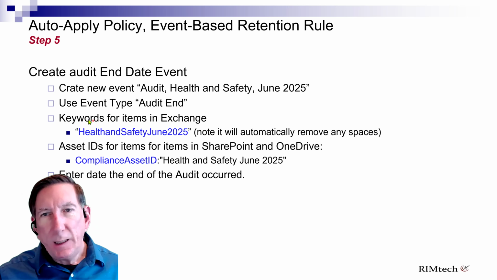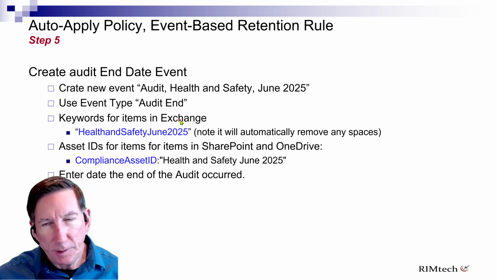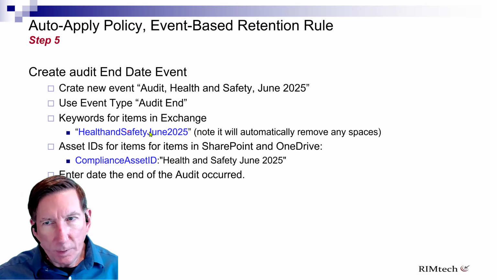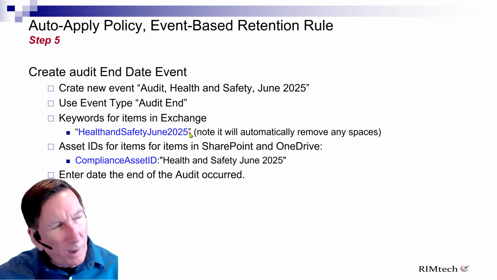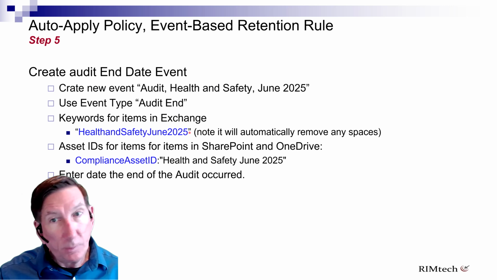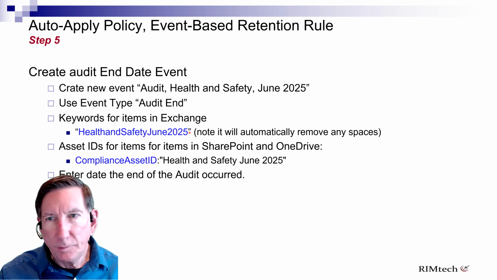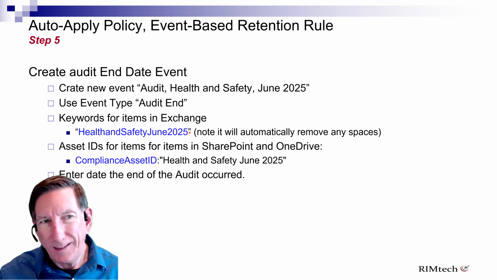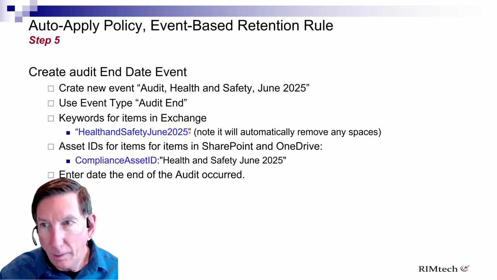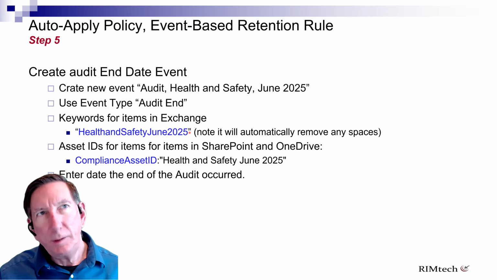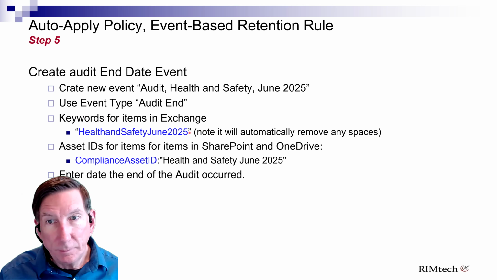Now, if we're managing records in Exchange, which I do not recommend, then you have to inject this keyword into every email. Where in the email? Wherever you want. Go into that email, edit it, and stick Health and Safety June 25 in the email body or the subject line, doesn't matter where. And then do it for every single email that's a member of that case.